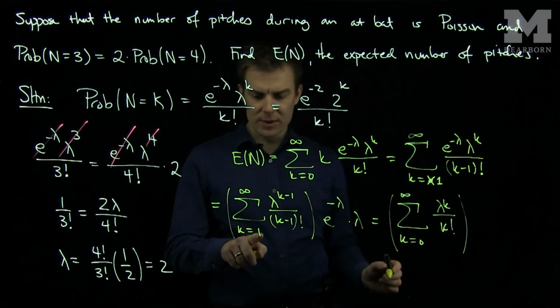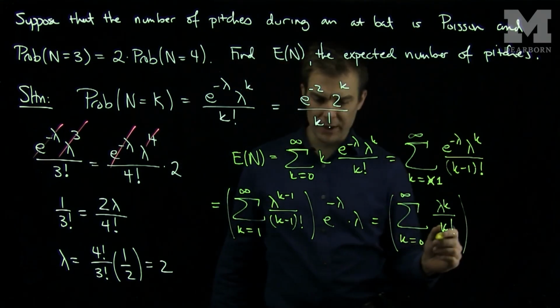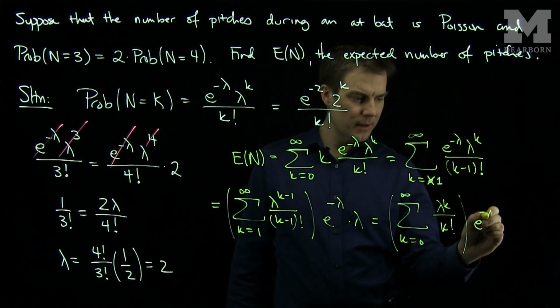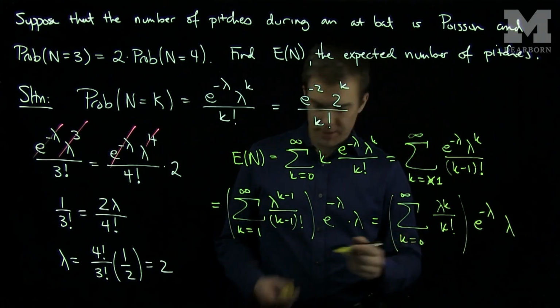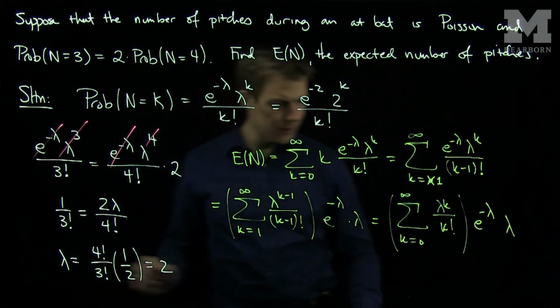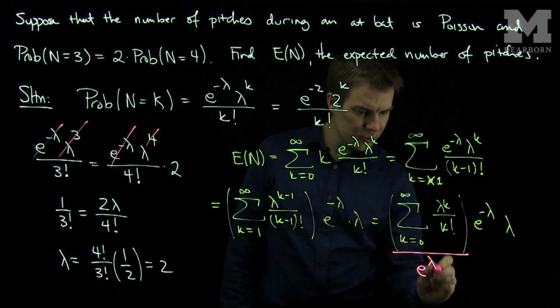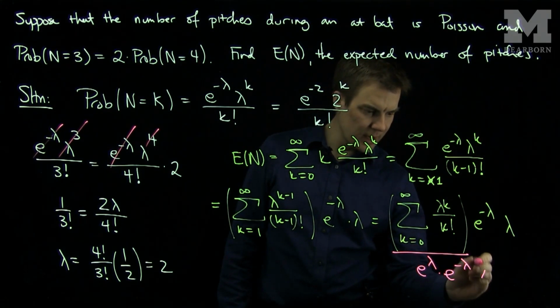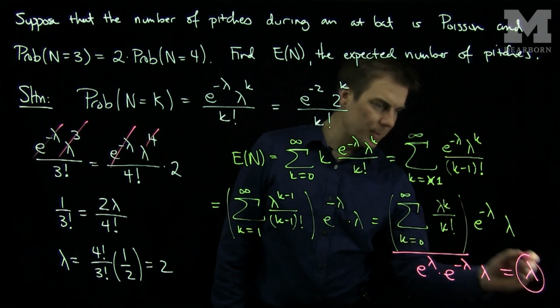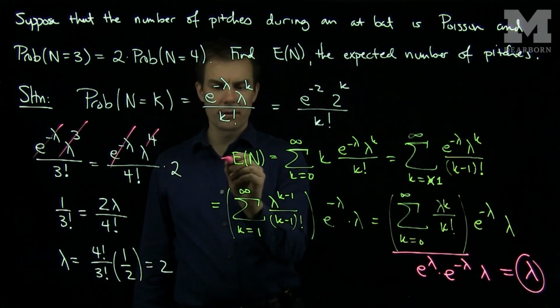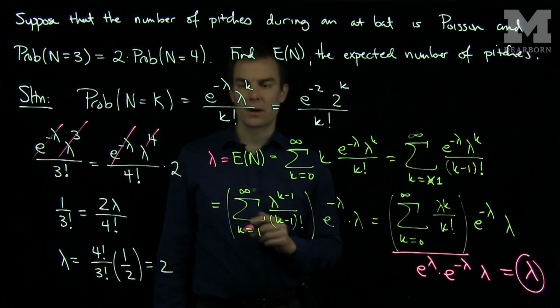Since I subtracted 1 over here, I had to add 1 over here, e to the negative lambda, lambda. And this infinite series is exactly just e to the lambda. So I'll have e to the lambda, e to the negative lambda, lambda, and that will just give me lambda. So the expected value of a Poisson random variable is just the parameter lambda.